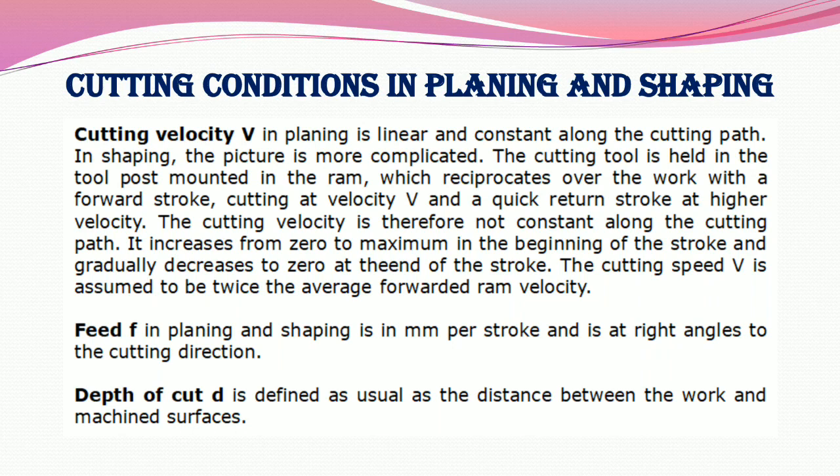The cutting velocity is therefore not constant along the cutting path. It increases from 0 to maximum in the beginning of the stroke and gradually decreases to 0 at the end of the stroke. The cutting speed V is assumed to be twice the average forward ram velocity.